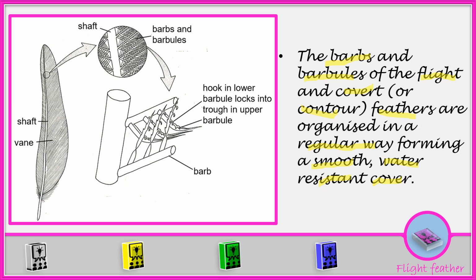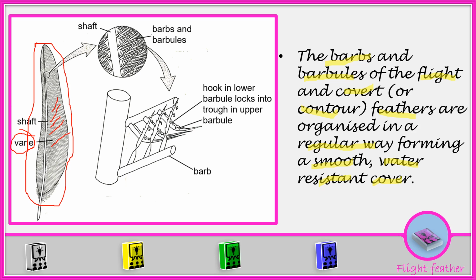Those are the barbules and the barbs of the covert and flight feather. When you look at this flight feather, you will see that the barbs are organized and they form what we call the vein, which is resistant to water.